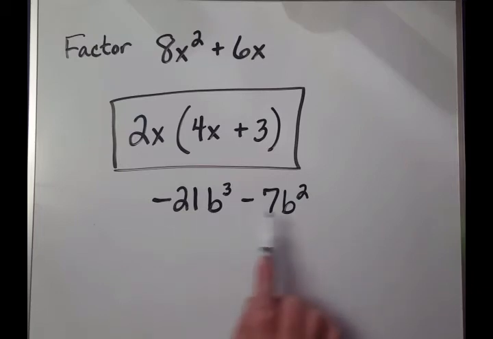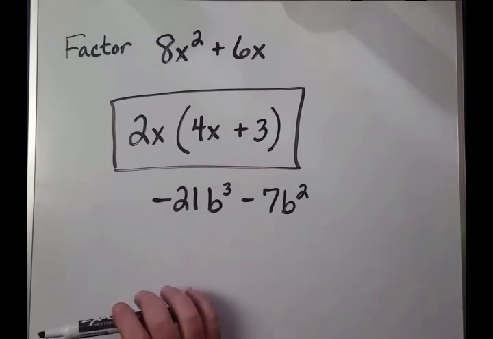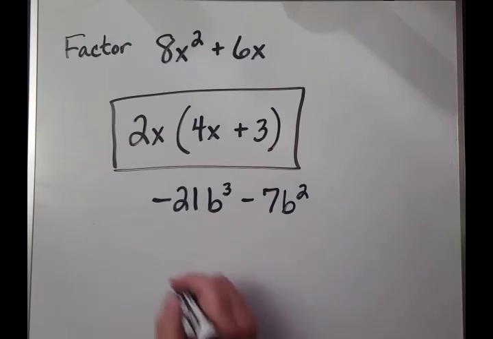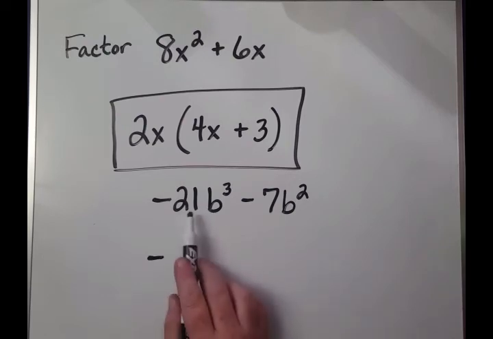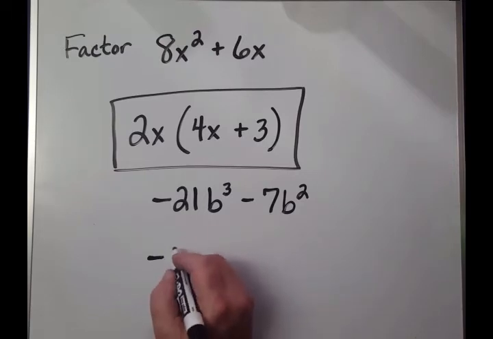So when I say factor out the greatest common factor here, we're going to understand that typically, if the leading coefficient is negative, I want to factor out that negative as well. And we've got to watch our signs. We're going to factor out a negative along with what? Greatest common factor between 21 and 7. They're both divisible by 7.